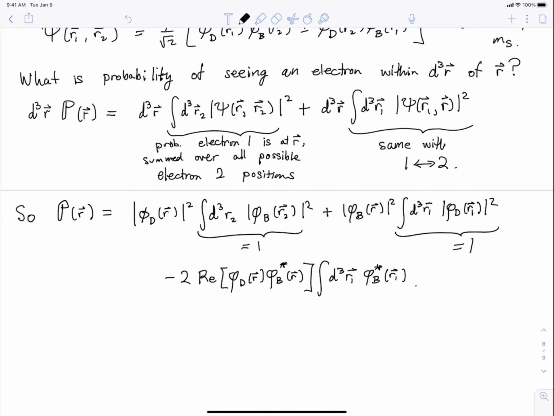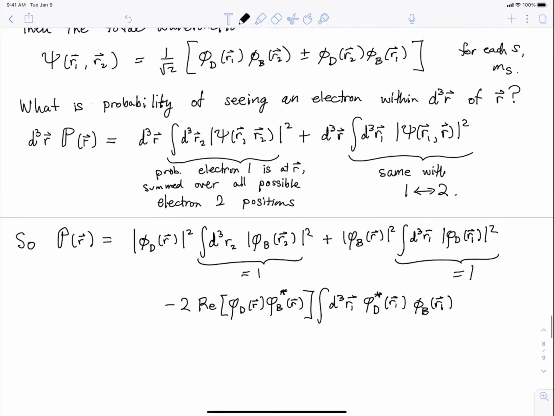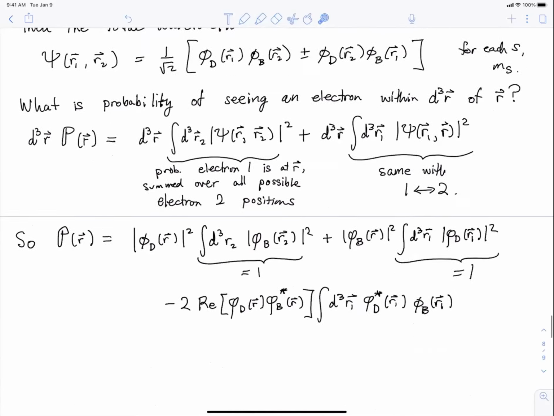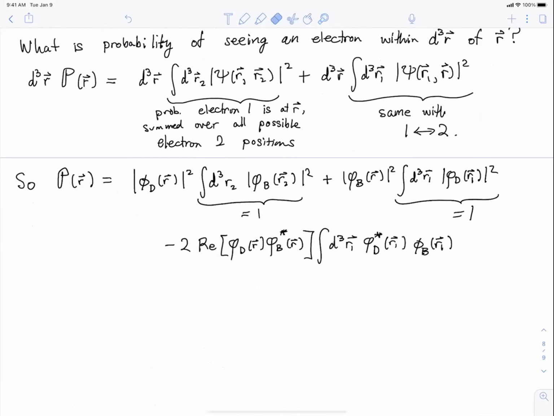This should have actually been a DeKalb label, and this is a Batavia label. But none of this matters, because now the point is that when I multiply together the two wave functions, according to this up here, I always get something that's 0, or in reality, extremely small, exponentially small. So not only is this 0 approximately, but this is also approximately 0. So this thing is doubly 0.